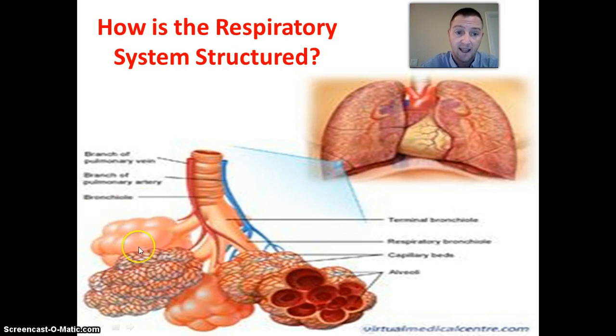Little air-filled sacs, and around each of these air-filled sacs are beds of capillaries. And those capillaries go back into arteries and veins, and back to the cardiovascular system. Pause the video here if you need the picture, or you can go back to the text. When you're ready, move on.